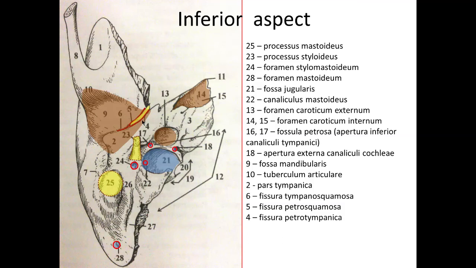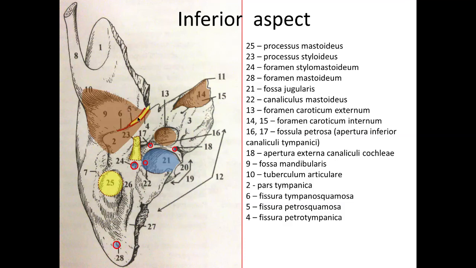Because I use yellow color here to demonstrate that pars petrosa was included here between 2 fissures as a small islet, and this islet is seen between 2 fissures.